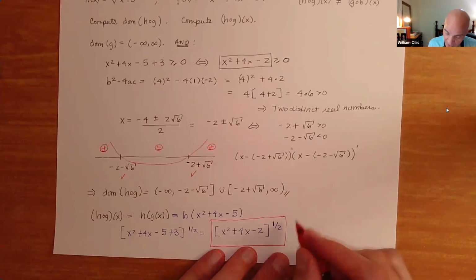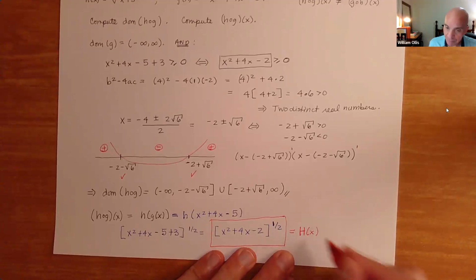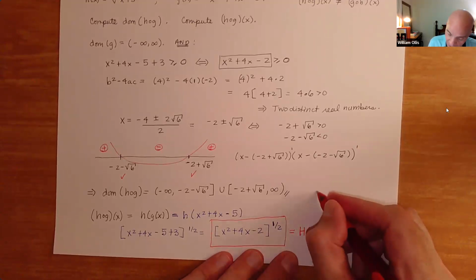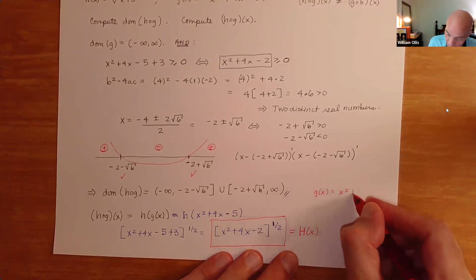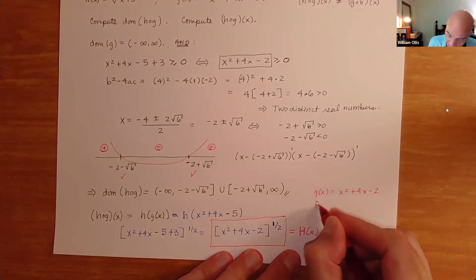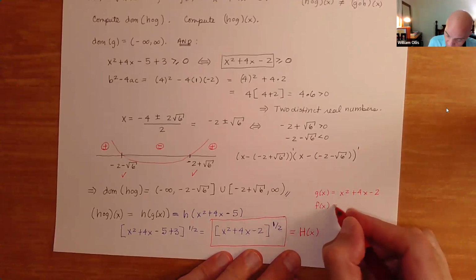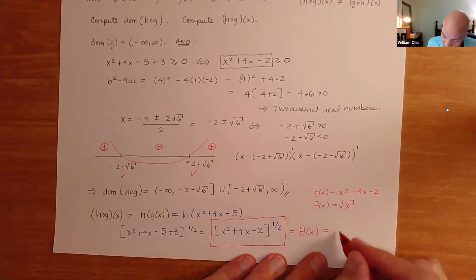We could just call this function big H of x. And then we could say little g is just x squared plus 4x minus 2. And little f is just the square root function. And so now we could define big H is just f circle g of x.